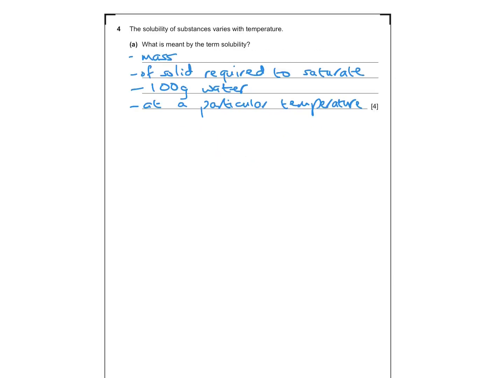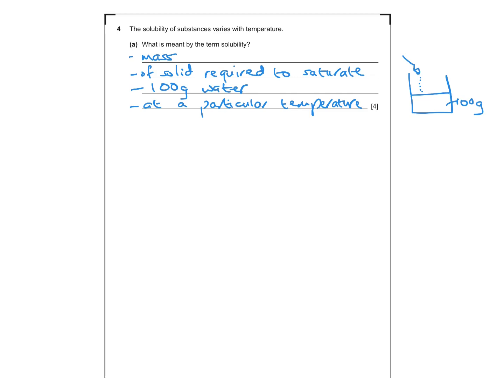Number 4, I've already written in the definition of solubility. So think of a container containing 100 grams of water, and we add the solid until no more can dissolve at a particular temperature. And when no more dissolves, we say the solution is saturated.